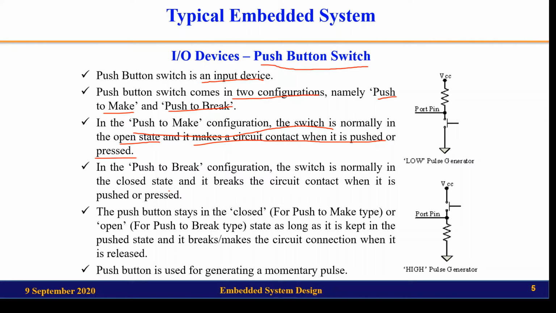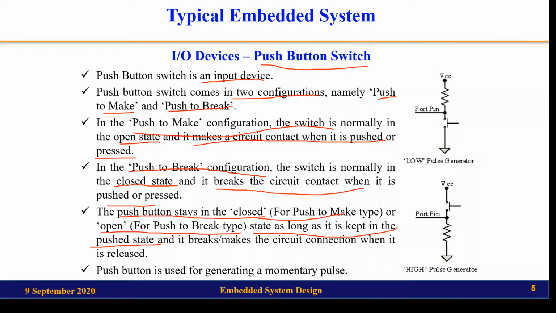So you can see here, the push button stays closed for push to make, or open for push to break type, as long as it is kept in the pushed state.